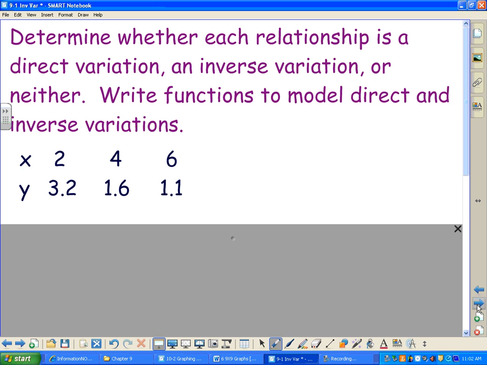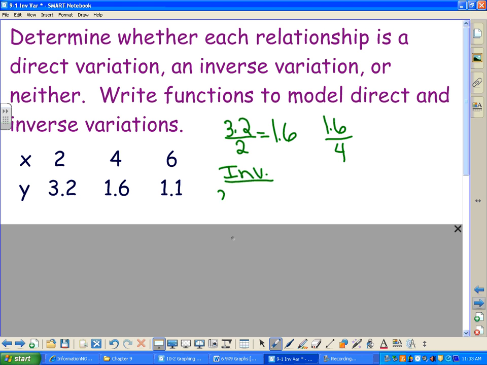So try it. 3.2 divided by 2 is 1.6, right? Okay, 1.6 divided by 4. I can see this already is not going to work because 1.6 divided by 4 is not going to be 1.6. So is it direct? No. So let's see if it's inverse. To check inverse, what do you do with your x and y? Multiply.